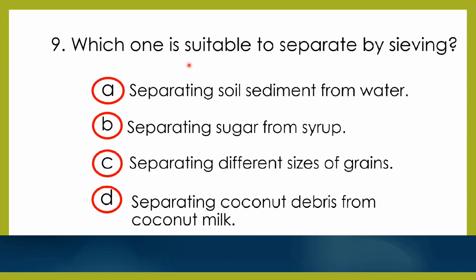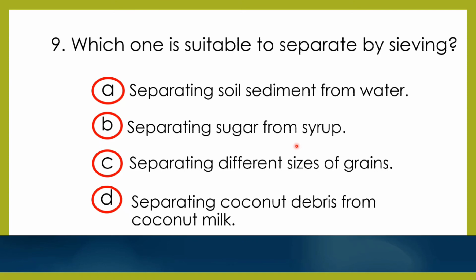So which one is suitable to separate by sieving? Is it the soil from the water? Are we going to use the sieve to separate the soil sediment or the suspension from the water? Letter B, is it possible that using the sieving we can separate the sugar from the syrup?